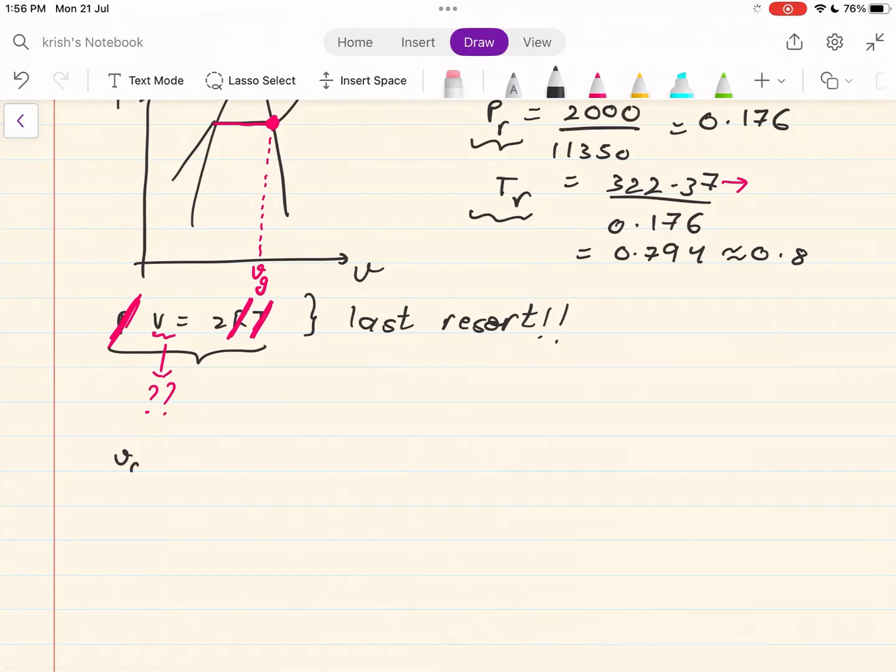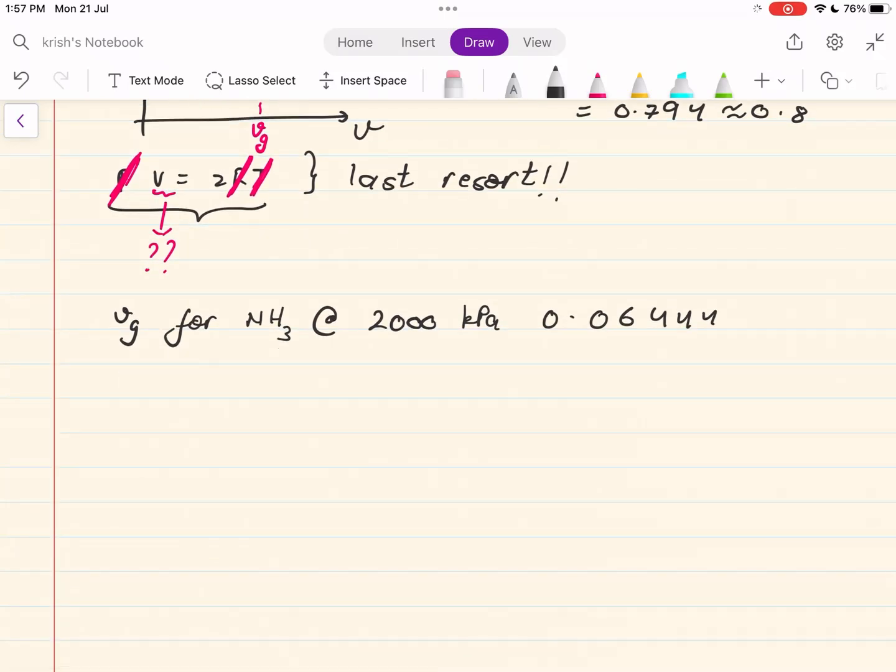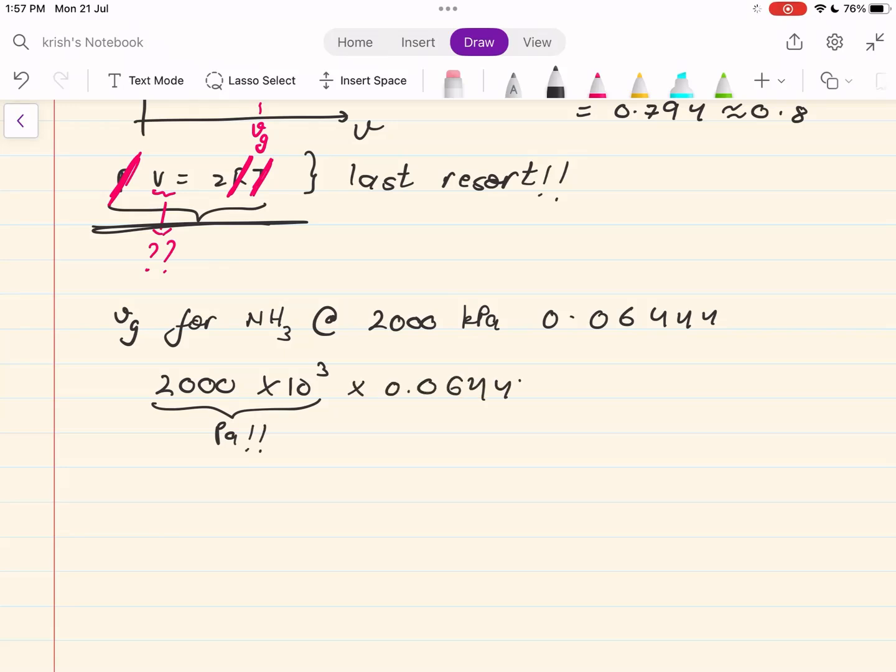Our Vg for NH3 from the table at 2000 kilopascal will come out to be 0.06444, and if we plug all of these values into the equation, we get 2000 into 10 to the power 3, because remember pressure is in pascals, into 0.06444 equals Z into the R value, which will come out to be 488.2, into 322.37.